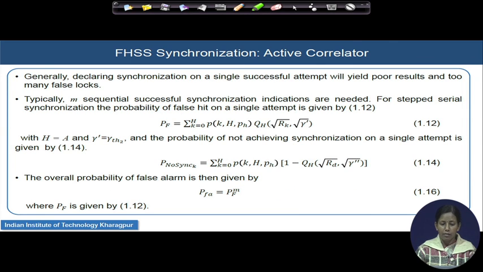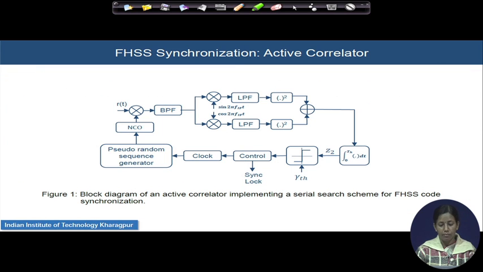Generally, one could declare that synchronization is locked on a single successful attempt, if I find that within the first dwell time the synchronization is locked.